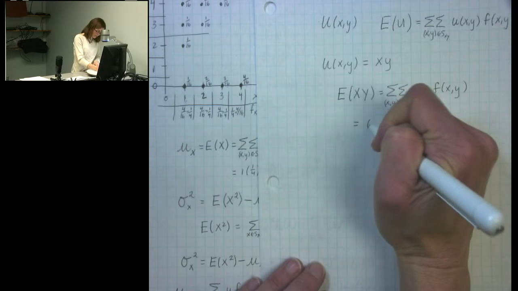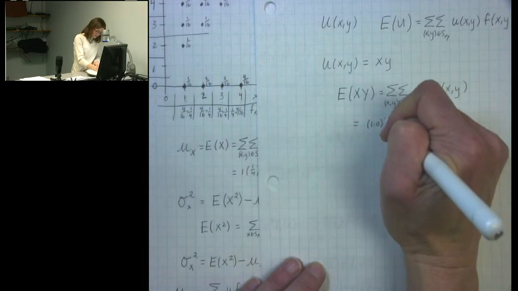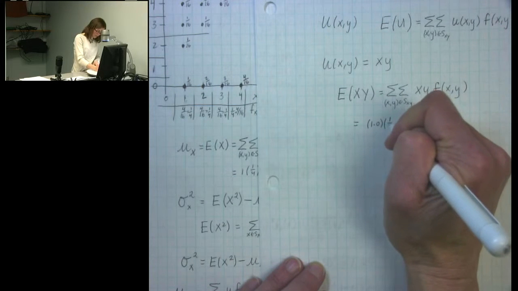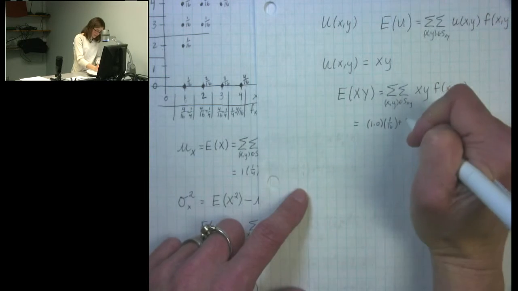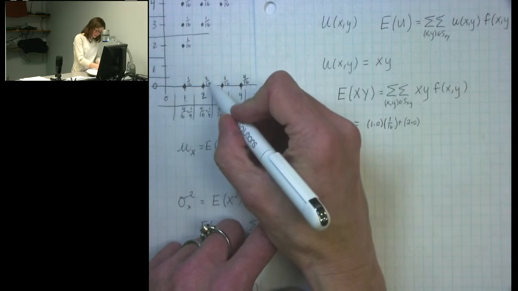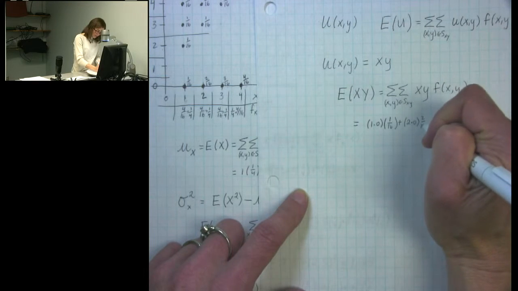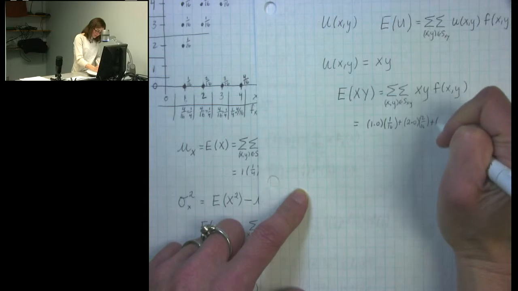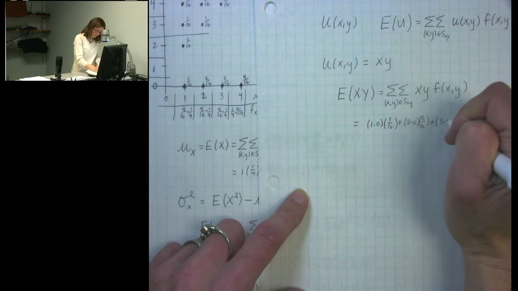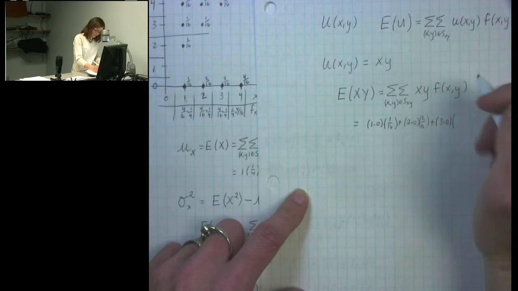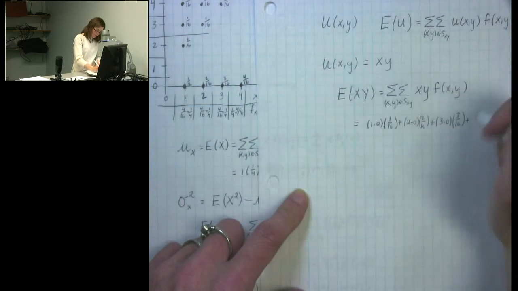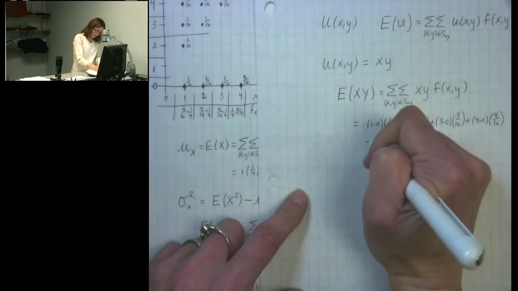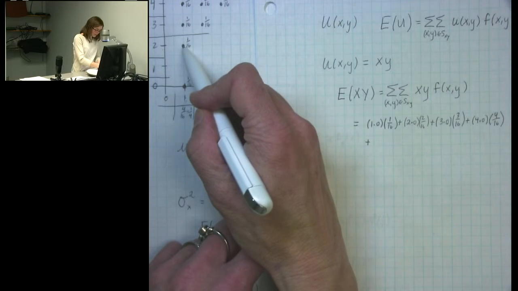So I've got 1 times 0 times the f of 1, 0, which is 1/16, plus 2 times 0 times the f of 2, 0, which is 2/16, plus 3 times 0 times the f of 3, 0, which is 3/16, plus 4, 0, so 4 times 0 is my function, and then 4/16 is the probability mass function at that point.